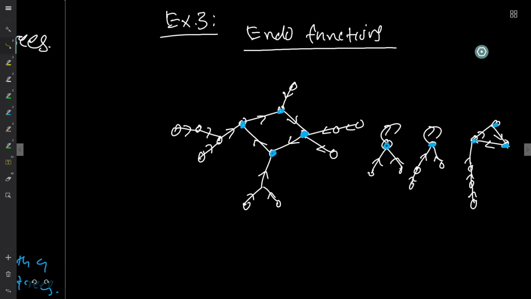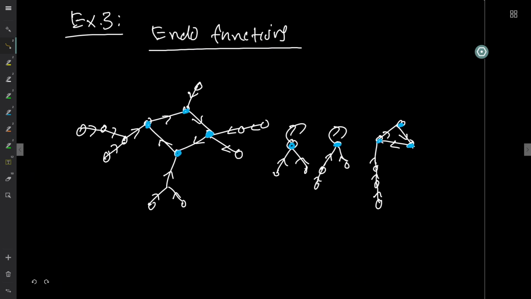Now, another example is the species of endo functions. So we denote by E and D the species of endo functions. If you recall from our earlier lectures on graphs, we came across endo functions.